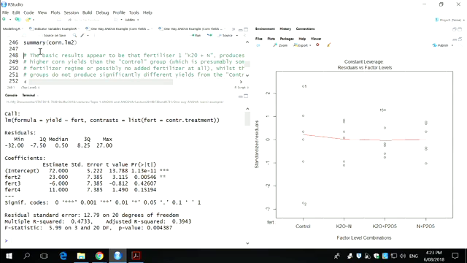So, there is something going on according to that first test. What seems to be going on? Yes, fertilizer 2 has a significantly higher yield than the control group. So all of these three comparisons here are comparisons between that fertilizer group and the control group.